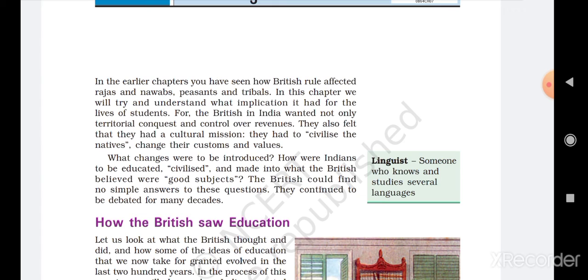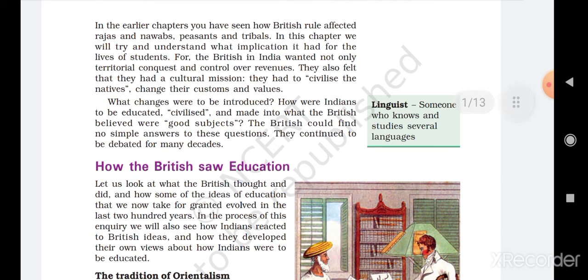The answers to these questions were very complicated for the Britishers, and they were not able to find them, and that is why a lot of debate continued over many decades. Decades means groups of 10 years.